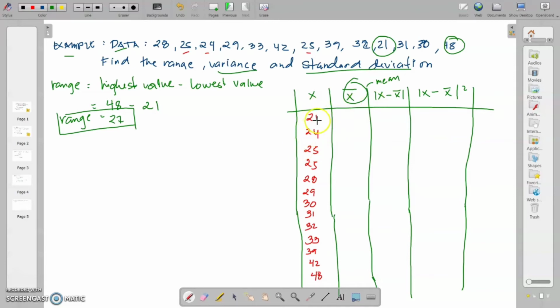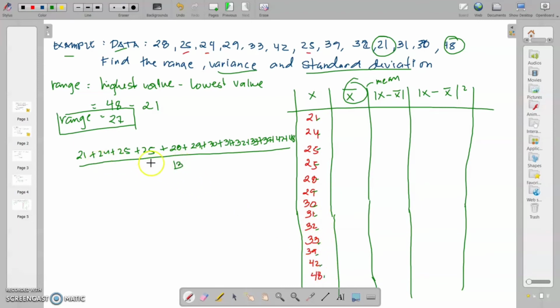So add 21, 24, 25, 25, 28, 29, 30, 31, 32, 33, 39, 42, and 48, that is 21 plus 24 plus 25 plus 25 plus 28 plus 29 plus 30 plus 31 plus 32 plus 33 plus 39 plus 42 plus 48, over n, the number of observations in the set. How many numbers are there? 1, 2, 3, up to 13. So over 13. Then add them.